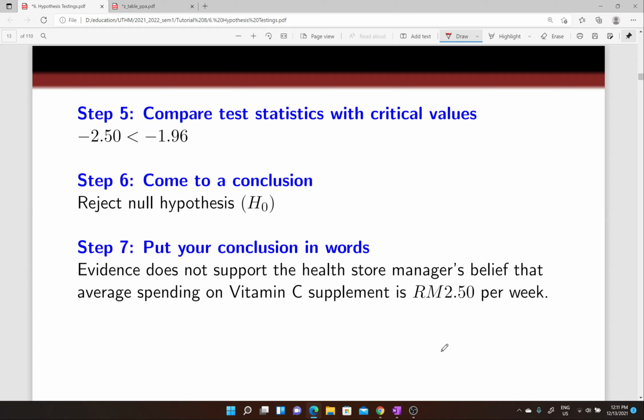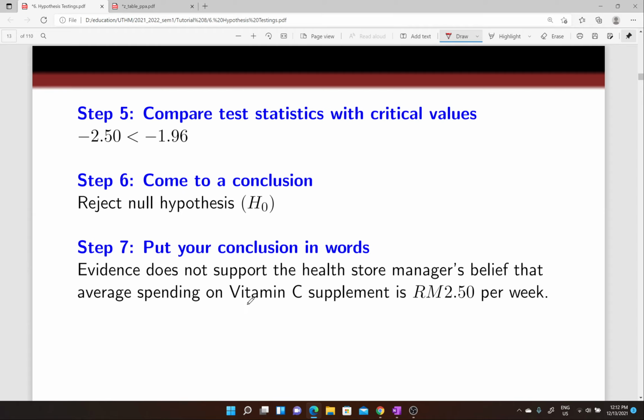So we used a quantitative method to come to a conclusion on whether to believe the manager's claim or not. According to our computation, we cannot believe the manager's claim. What is the manager's belief?